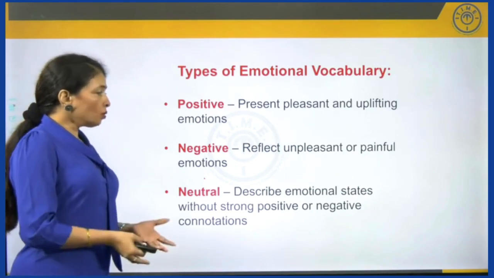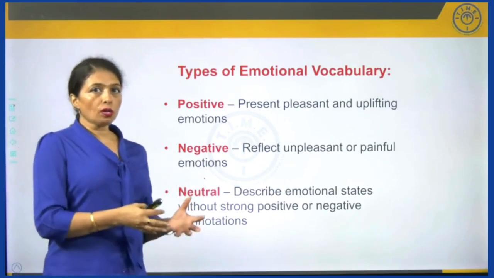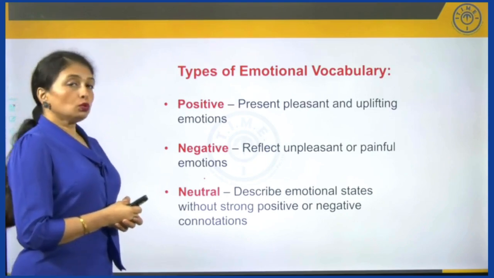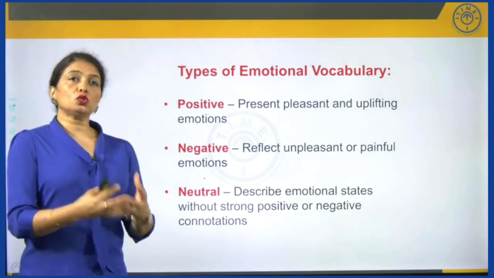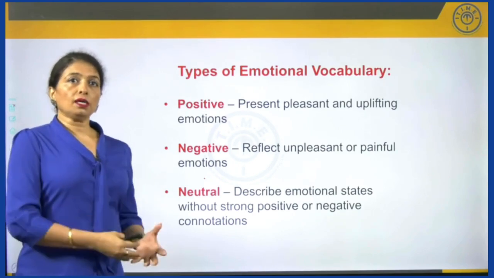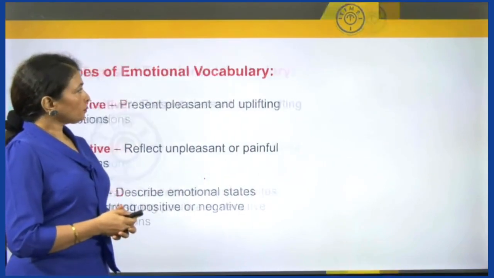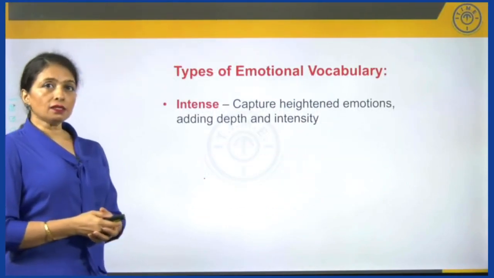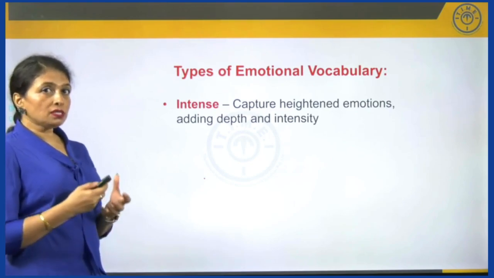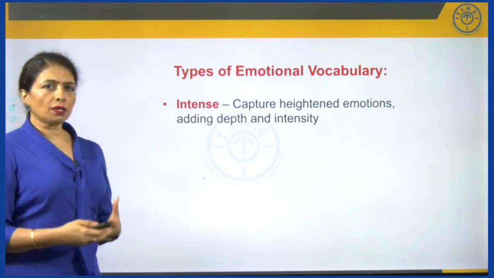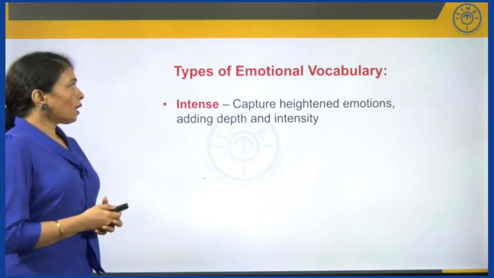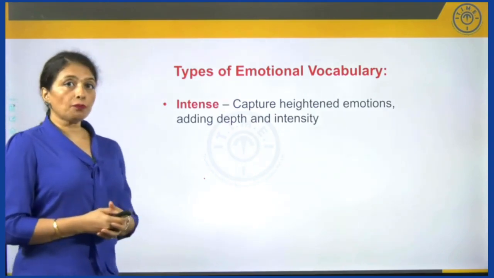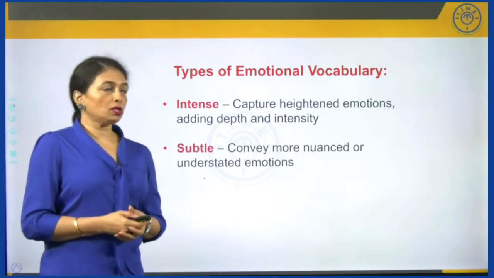We have neutral ones, which are neither positive nor negative, and they describe those emotional states that do not exhibit any kind of strong emotions. We also have intense emotional vocabulary. Intense is something that's deep, that's profound, and these are words that capture heightened emotions, adding depth and intensity to our communication.